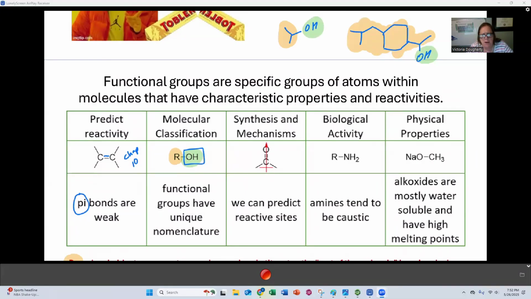Synthesis of mechanism. So how to make these compounds. So how to make them and what type of chemical reactions they can undergo. So, you know, when we were talking about double displacement or single displacement reactions in Gen Chem, okay, we could predict what salts we needed to use to make insoluble salts. You could predict which elements you needed to make, for example, water.